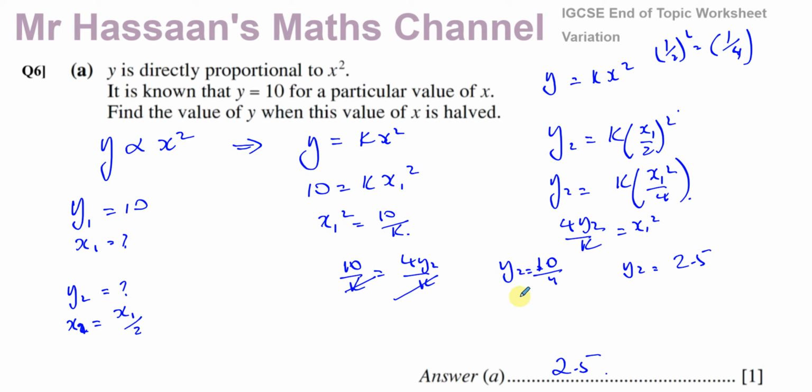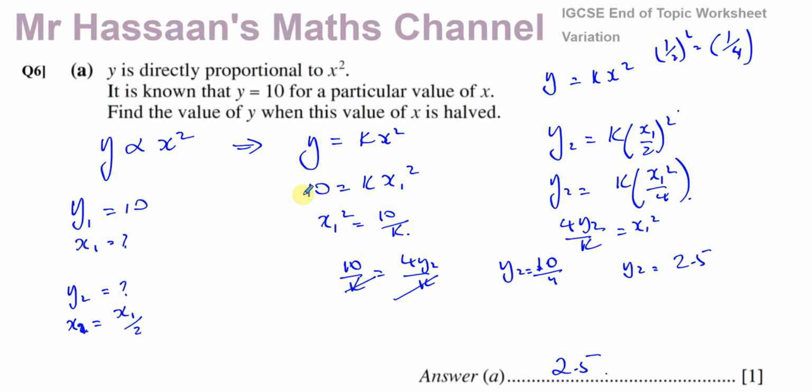That means this 10 is going to be not divided by 2, but divided by 4. If x is divided by 2, then y is divided by 4, because y is proportional to x squared.